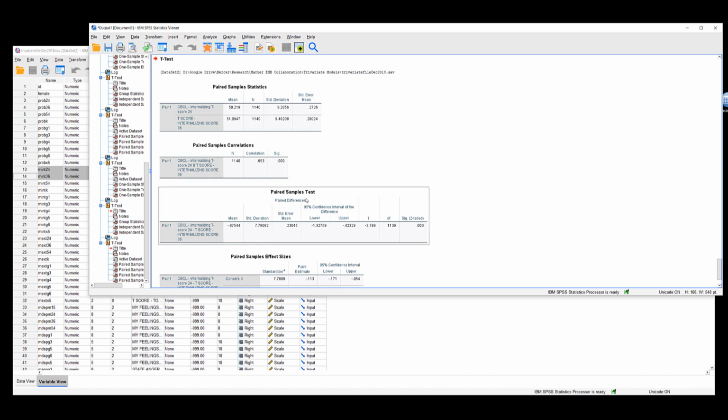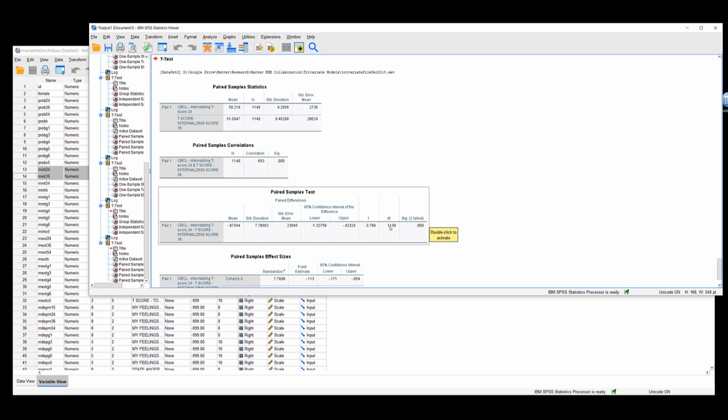And then here's our paired samples t-test. This mean is the difference between those two time points. And if we go further down the row, we've got a t of minus 3.799, which is significant. So this p-value is less than 0.05. So the probability that the null hypothesis is true is really, really small, so we reject that null hypothesis.